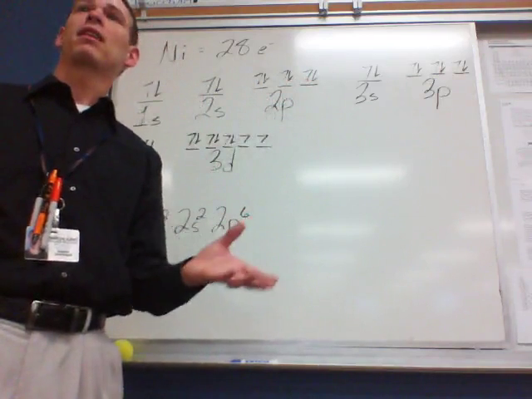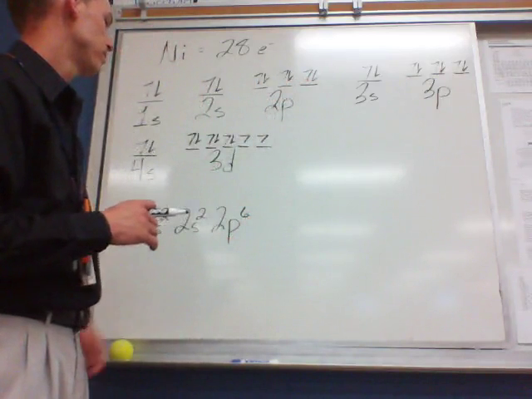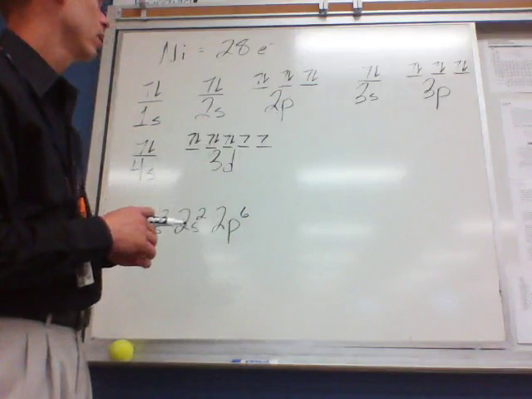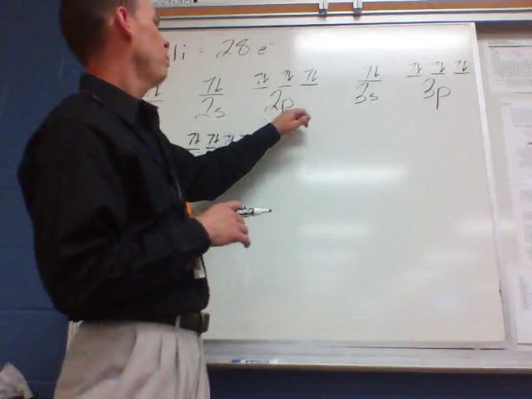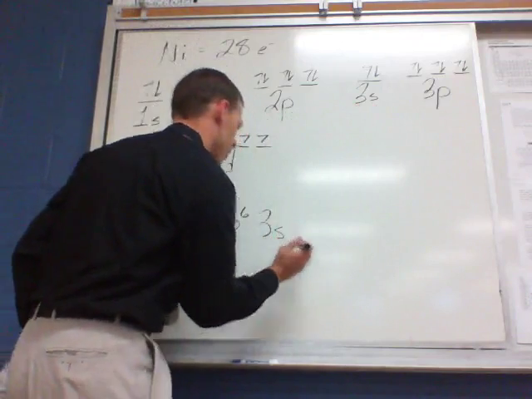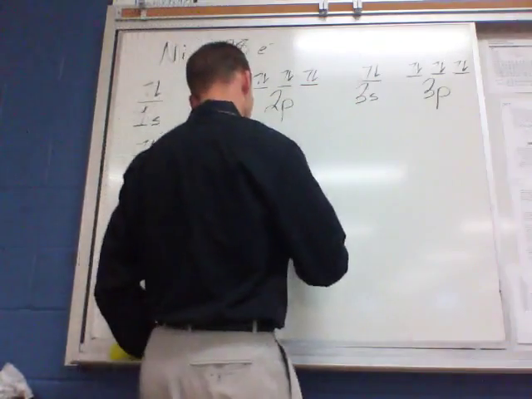Again, I don't want your brain to think this is something new. It's the exact same info. From 2p comes 3s. How many electrons did we draw for 3s? 2.